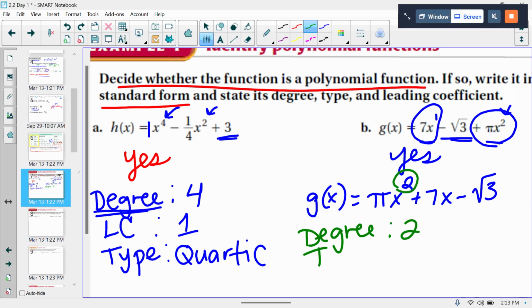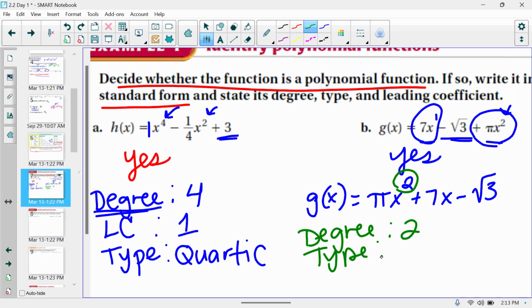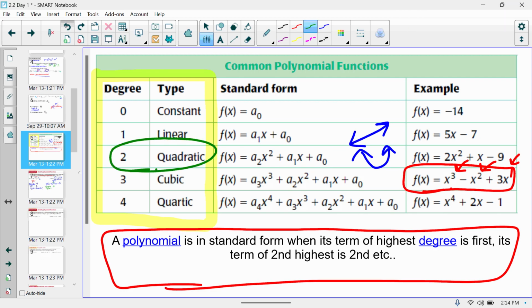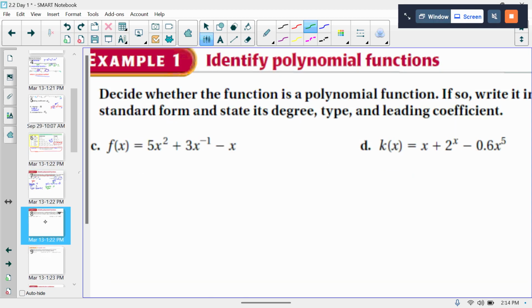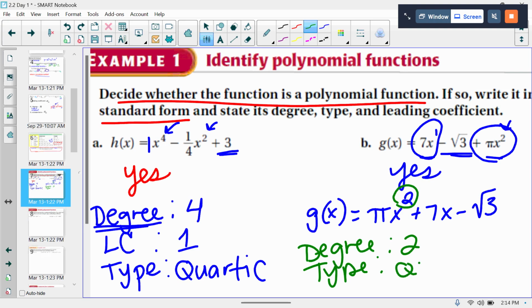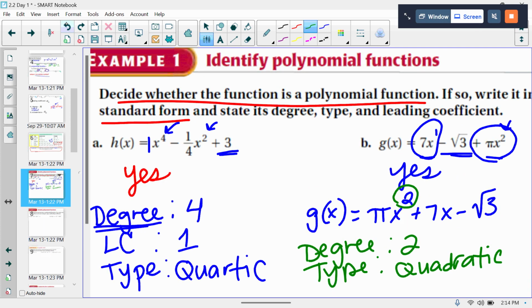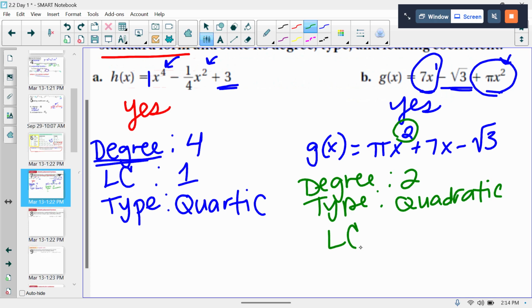Let's do type next, because the way that you figure out the type is by looking at the degree. This one you really should know without looking back at your table, because again, we just did a whole chapter about when the degree is 2, it's a quadratic function. Like this would make a parabola if we graphed it. Okay, and then the leading coefficient, I'm going to abbreviate that instead of writing out the words leading coefficient.